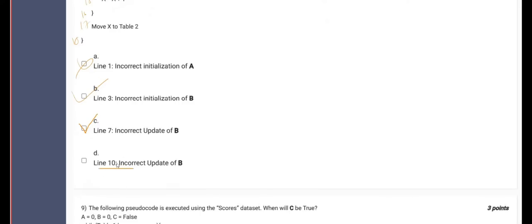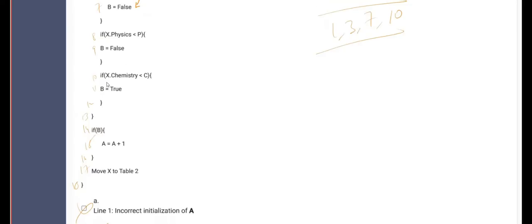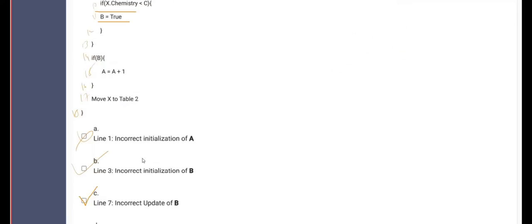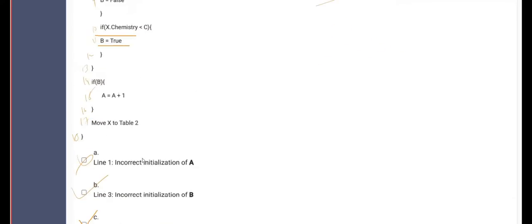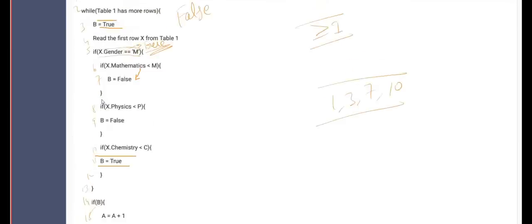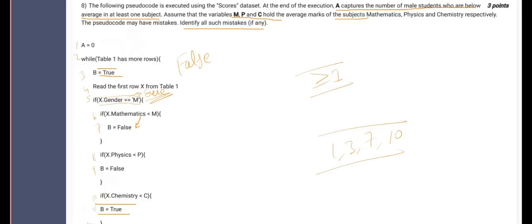Line 10. Now coming to line 10. If x dot chemistry is less than C. What is this updation? It should also be false, right? Oh my god, let me rewrite this. It's really confusing us.